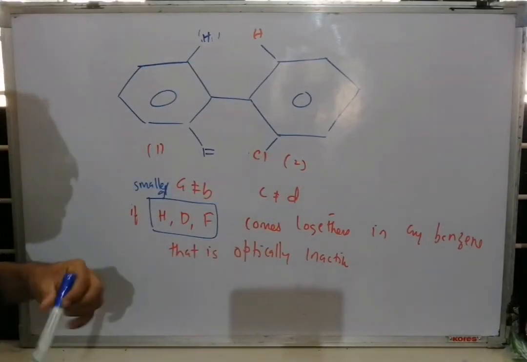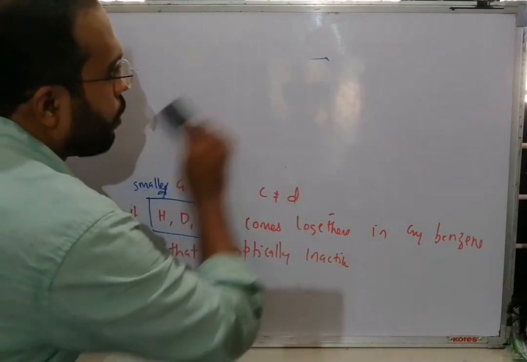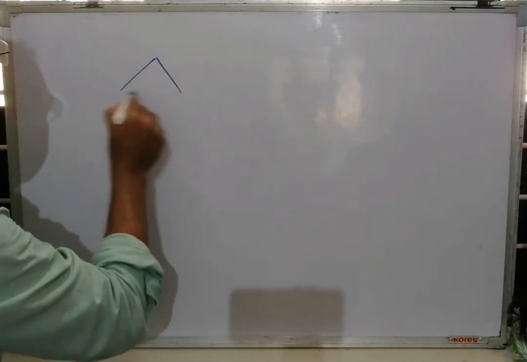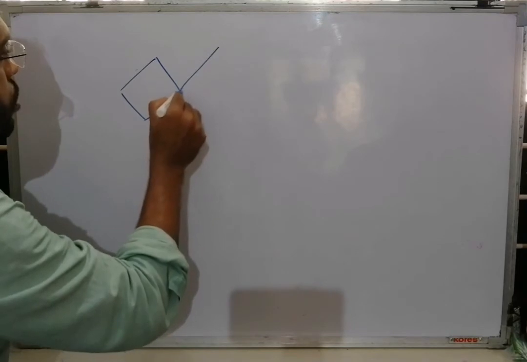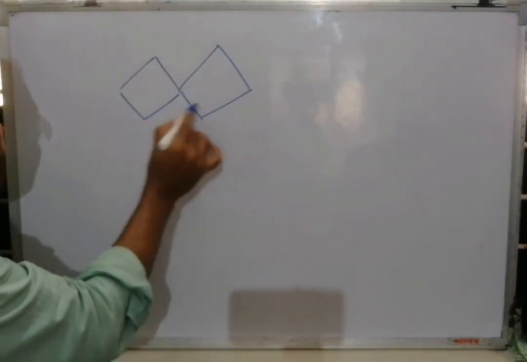Fine. Now another case is spiran. What is spiran? Spiran means molecules like, I will give you one beautiful example. A molecule like this. This is called a spiran. Nothing to worry about. This is double bond number 1, double bond number 2.